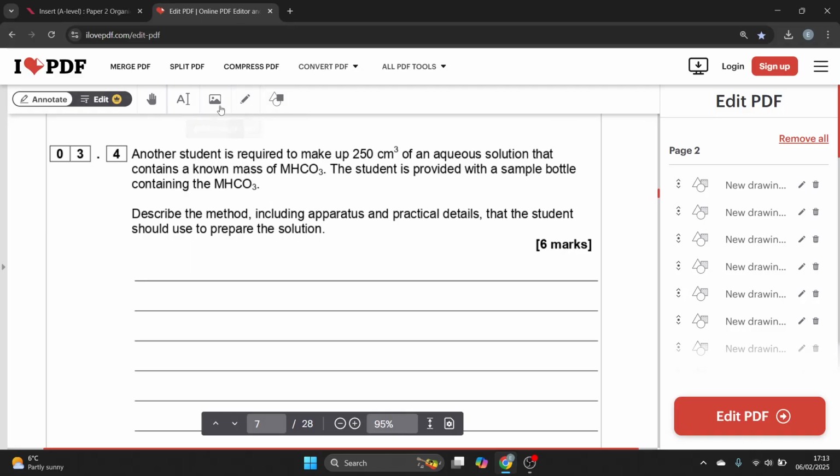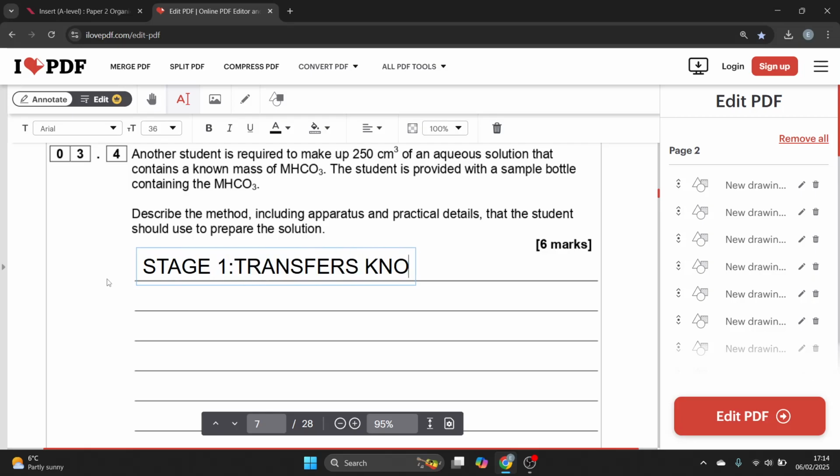Another student is required to make this. Describe a method to prepare the solution, and this is going to be how to make your standard solution. So stage one, transfer a known mass of solid.